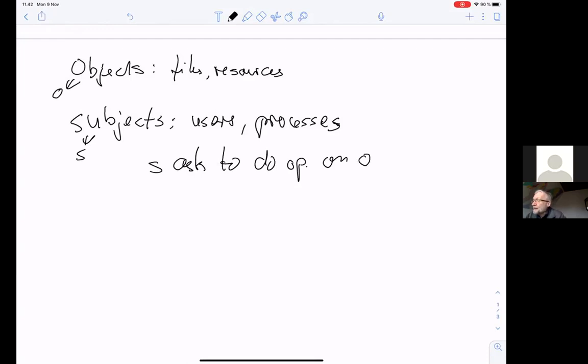And should this be allowed? So in other words, that's what the trusted computing base will have to think about when it gets this request. Should I allow this or not?